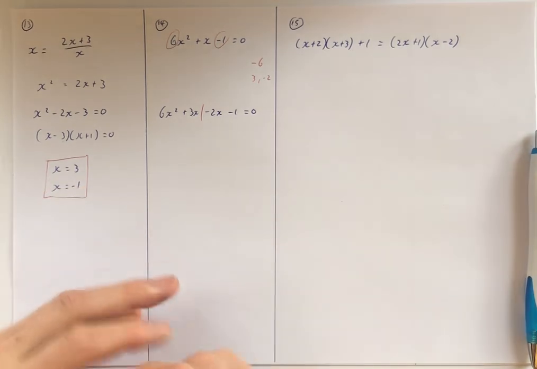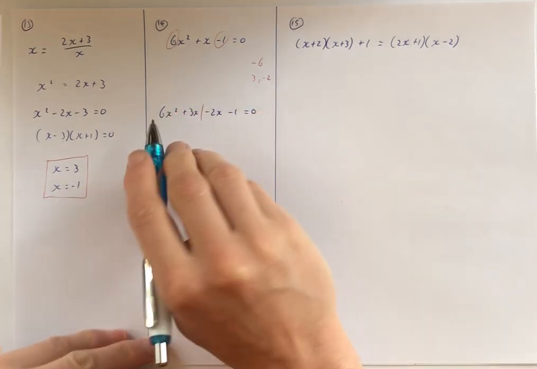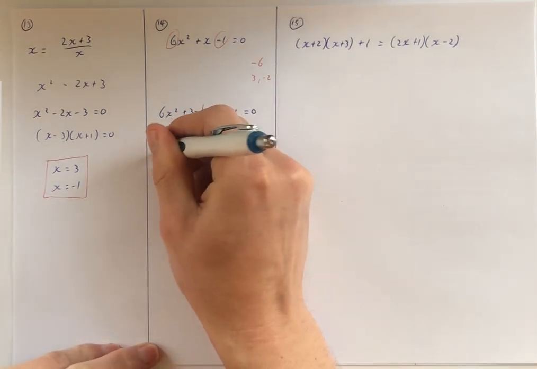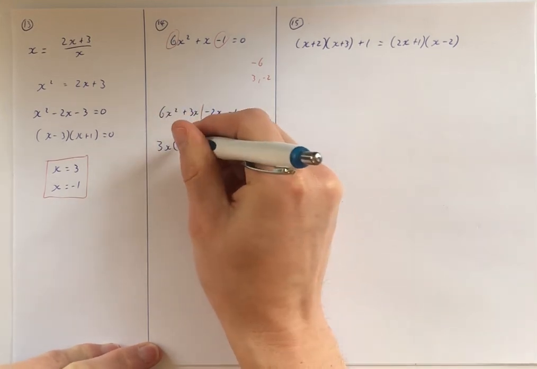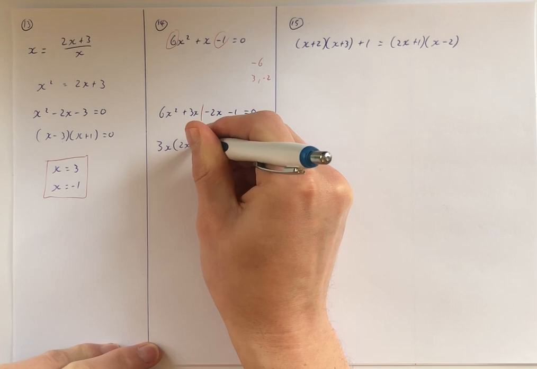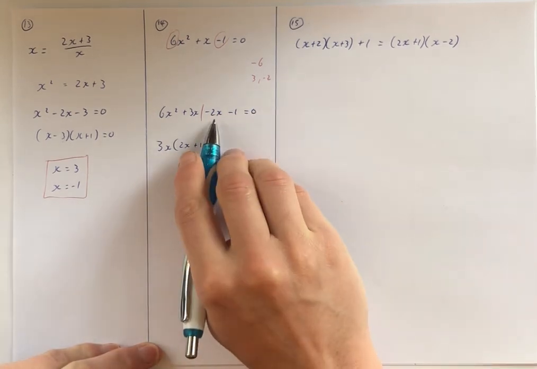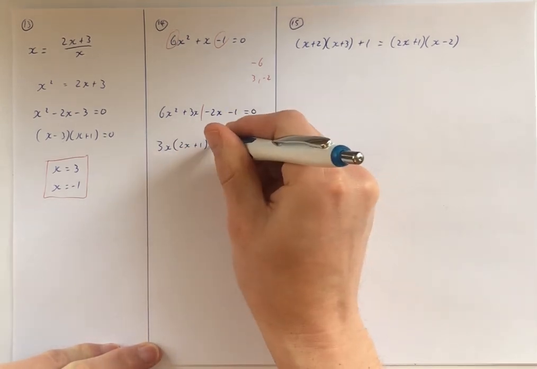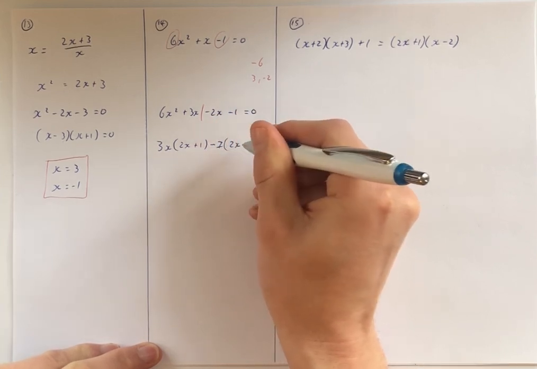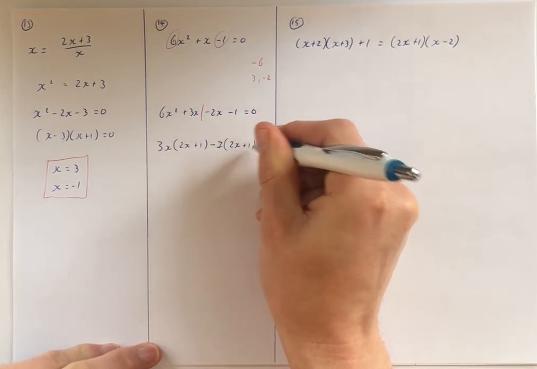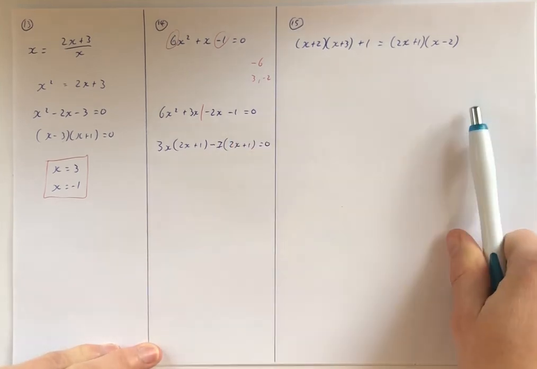That makes 1. So now we can factor a 3 out and an x out of this left-hand side, leaving 2x plus 1. And we can take out a negative 1 from here. So factorize out negative 1. That's going to leave positive 2x, and it's going to leave positive 1. So we've taken out that sign changer.